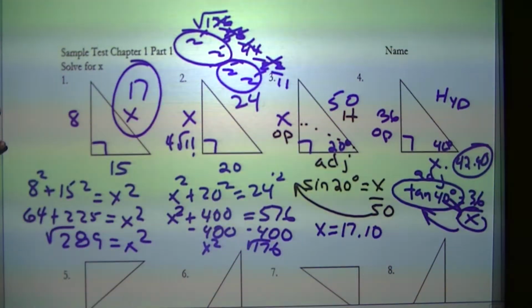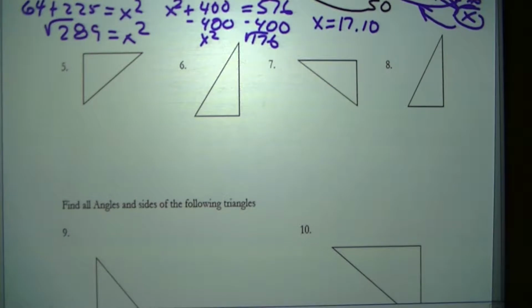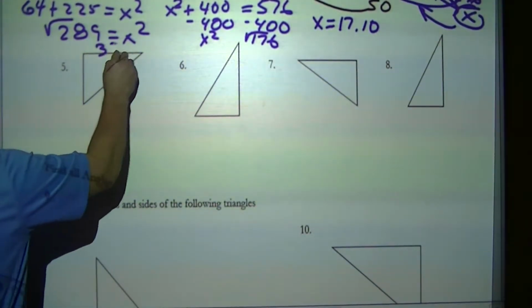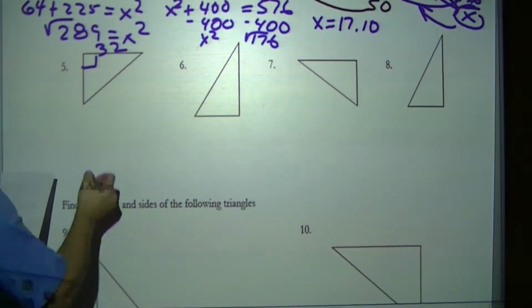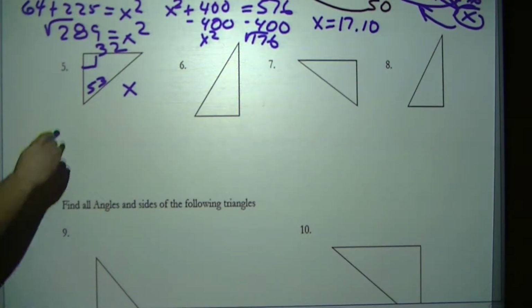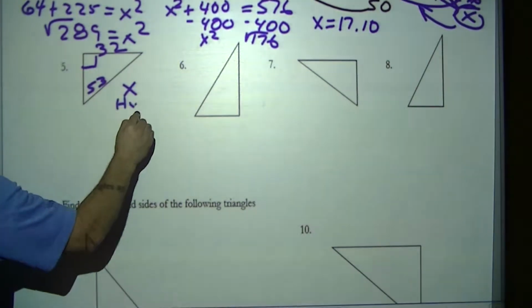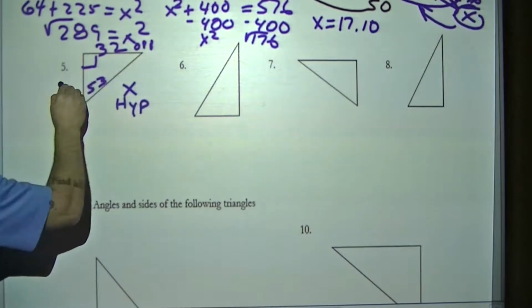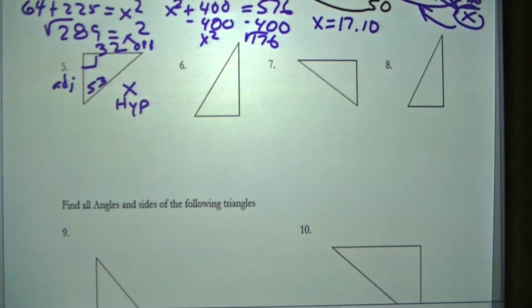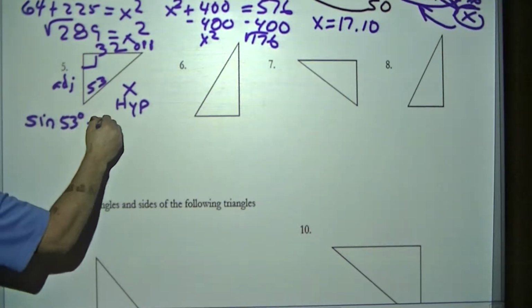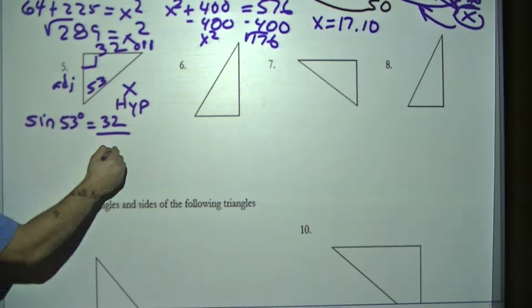Okay, moving on. Number 5. I've got a 32 right here, 90 degrees, 53, and an x. Now, this is the hypotenuse. Since I'm going off this angle, this is considered the opposite, and this is considered the adjacent. So the 2 letters I have are opposite and hypotenuse, so I've got sine. So sine of 53 equals 32 over x.